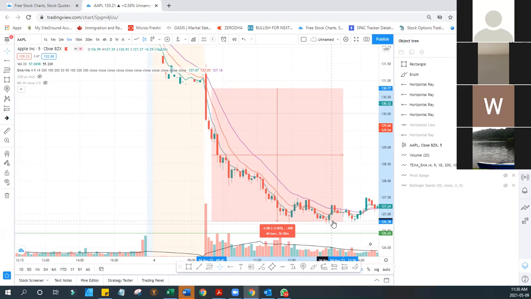That will help you minimize the loss, as well as try to see if you can do the hedging. Hedging, for an example, is buy a 130 call and sell a 135 call. So that means you're minimizing your profit as well as the loss.